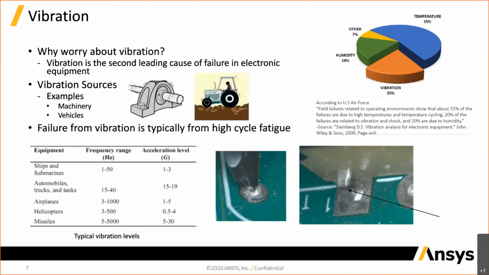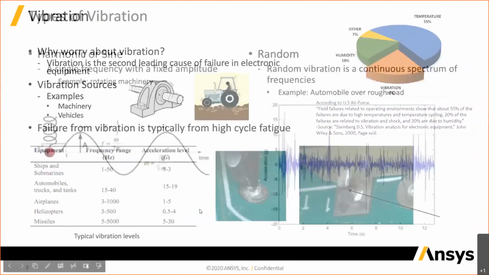It's just turning, and it's going to see a fixed amplitude, fixed frequency type of input that's exciting the board, causing those leads to vibrate a little bit, and eventually causing high cycle fatigue. The frequency ranges for those are anywhere between 1 and 500 hertz. You'll see some frequencies go above that, but typically 500 hertz is the limit, and you'll see that in a lot of the test profiles.